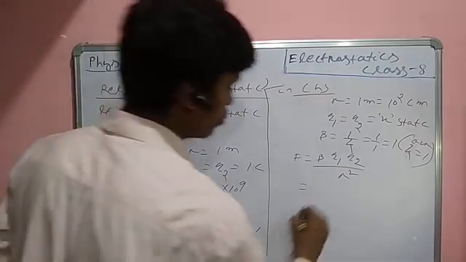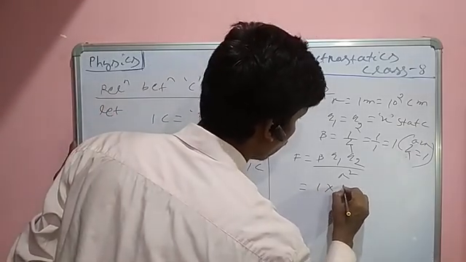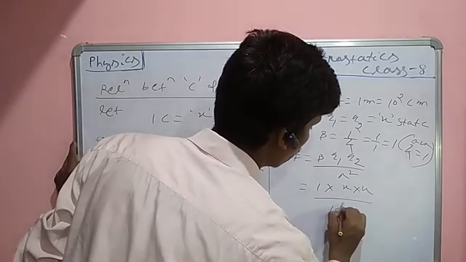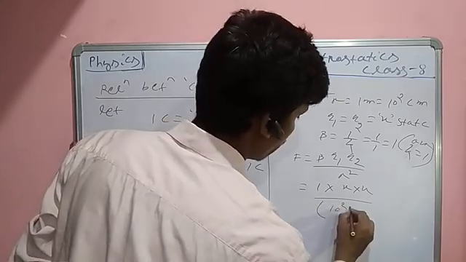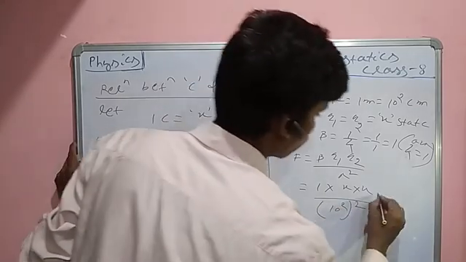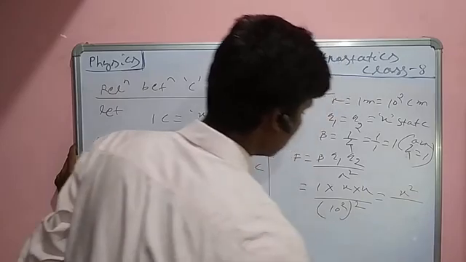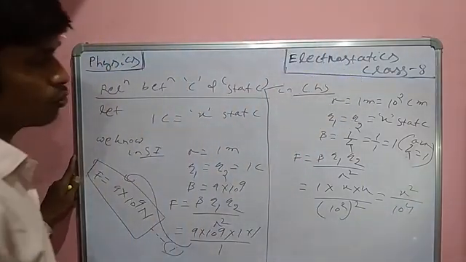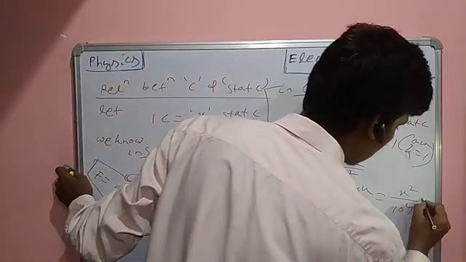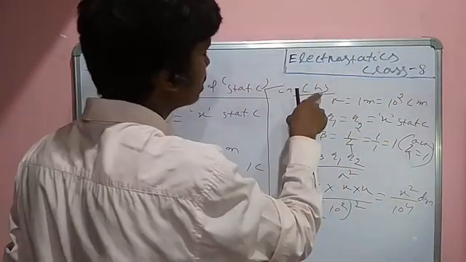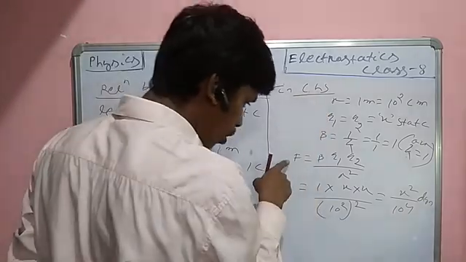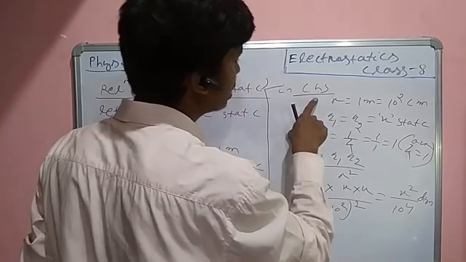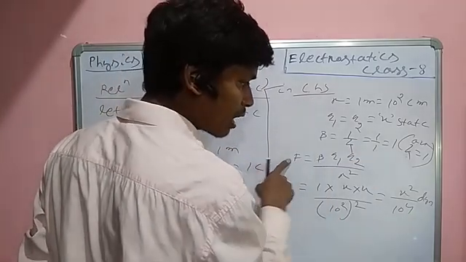So that is equal to beta 1 into X square by 10 to the power 2 square, so this is X square by 10 to the power 4. That is, F is equal to X square by 10 to the power 4. The unit is dyne, because in the CGS system the unit of force is dyne.